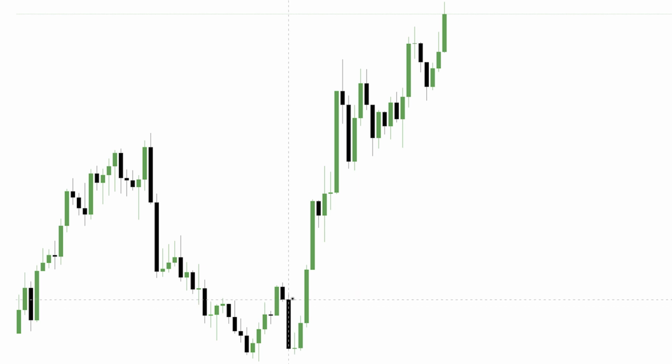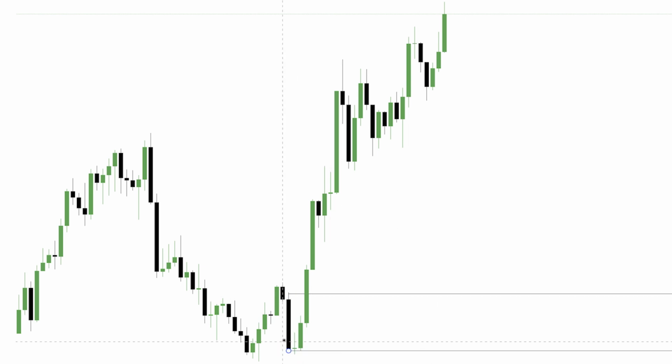So when you want to draw the bullish order block, you consider the body and the wick. So we start from this point, the high, and then the low around this area. So this is now our bullish order block, and you can see that this has broken a structure.